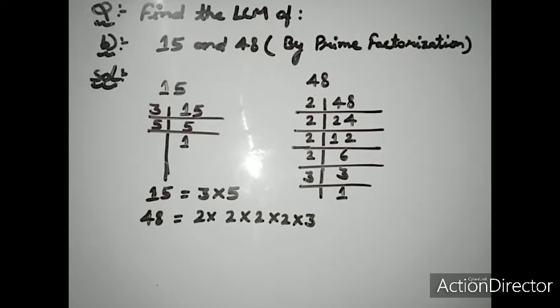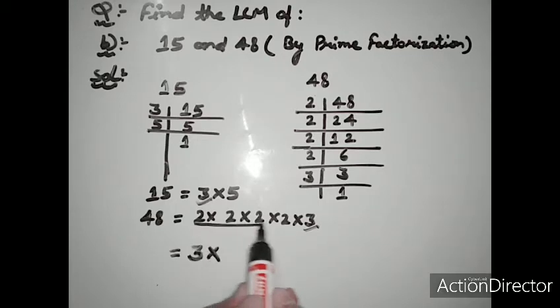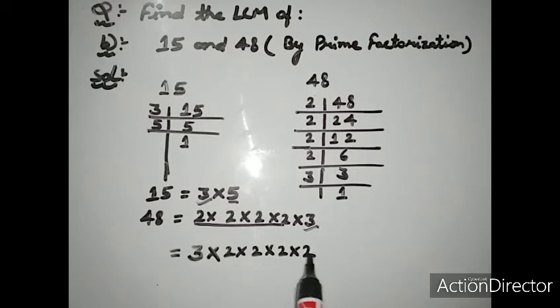You all know that first we write the common factors. So 3 is common here. So we write only 3, and after that we write the left numbers: 2 multiplied by 2, multiplied by 2, and multiplied by 2, 4 times 2, and multiplied by 5.